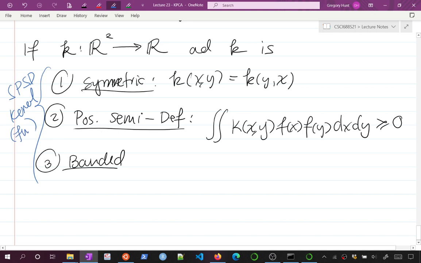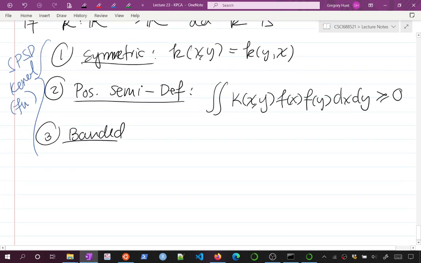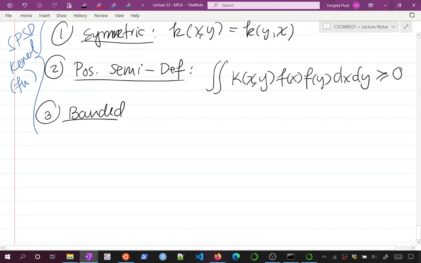If I have some little function k, so we're kind of going backwards, where I start with this kernel function, then there exists some embedding function phi that maps from my p-dimensional space to some m-dimensional space.